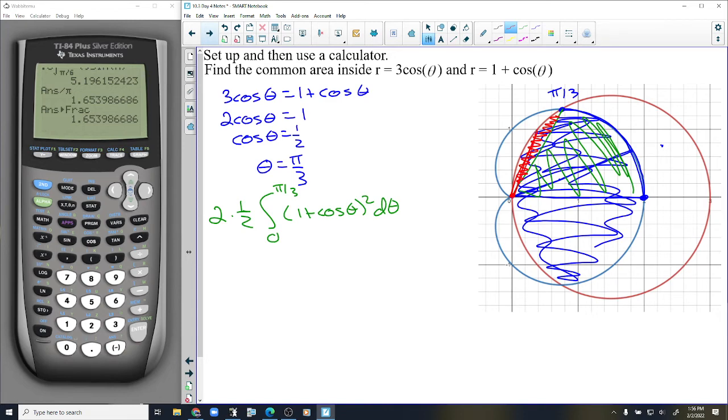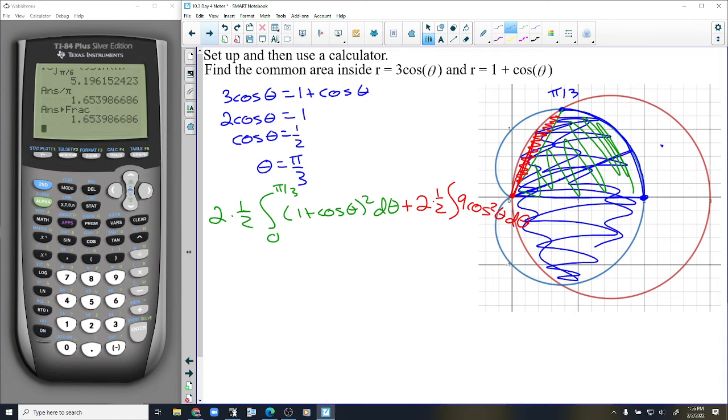So it's not subtraction, it's actually addition. 2 times 1/2 integral of 9 cosine squared theta d theta. So that one follows the cardioid, then it follows the circle. It's not following them both at the same time. Not that one. Ooh, I drew a mess up there, didn't I?